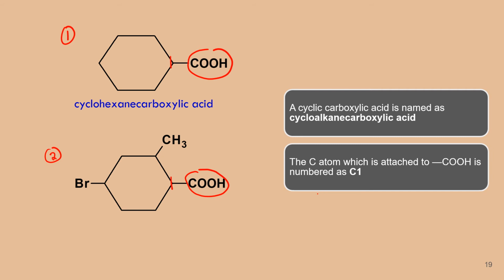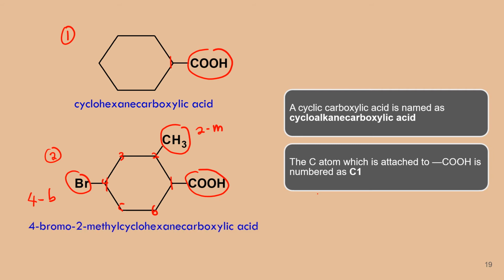So by having that rule, maka you have to proceed numbering ke atas. Okay, so here kita ada substituent methyl on second position dan substituent bromo on the fourth position. So untuk nak menulis nama yang full, maka you have to susun according to alphabetical order. So the name of the molecule now will be 4-bromo-2-methylcyclohexane carboxylic acid.